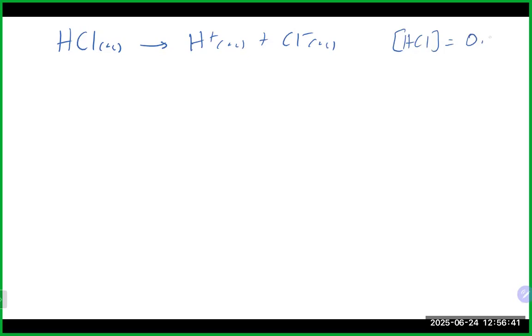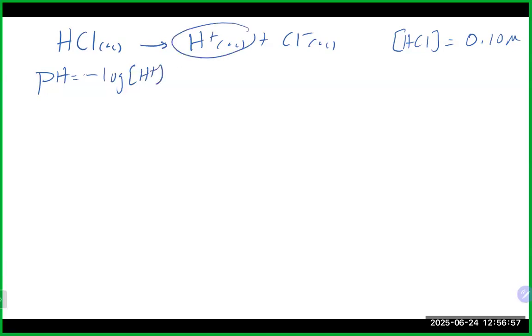So if we have, for example, hydrochloric acid, which is a strong acid, it breaks apart into H plus and Cl minus. Let's say we had a concentration of 0.1 molar. If we were interested in the pH of the hydrochloric acid, the important thing for pH is the negative log of the H plus concentration.